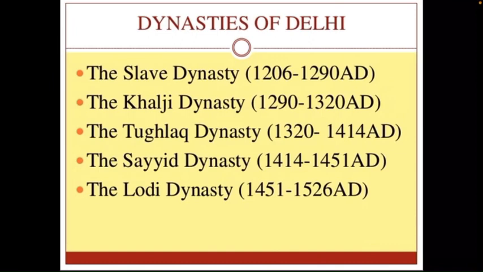Next came the Sayyid dynasty, 1414 to 1451. The last dynasty of the Delhi Sultanate was the Lodi dynasty, which ruled from 1451 to 1526 AD.